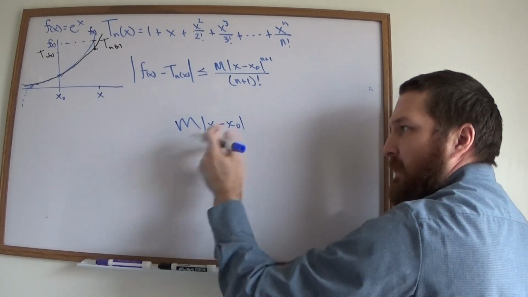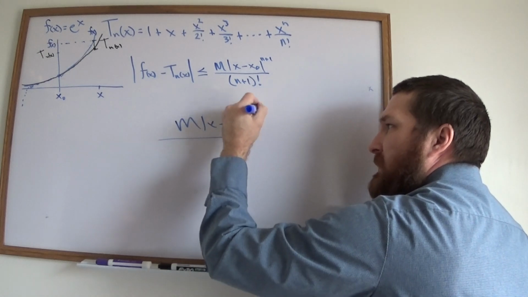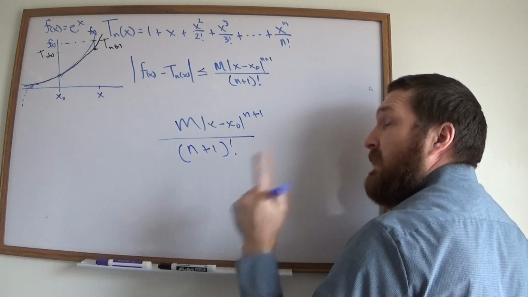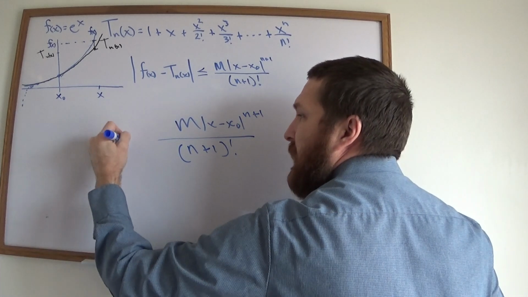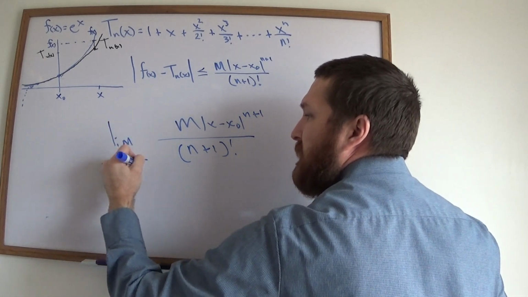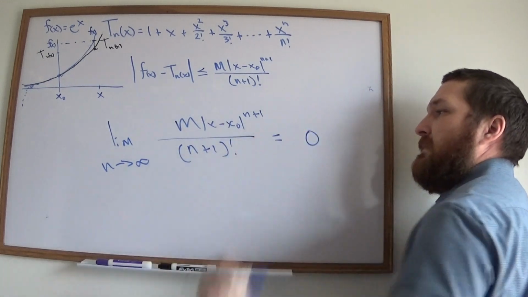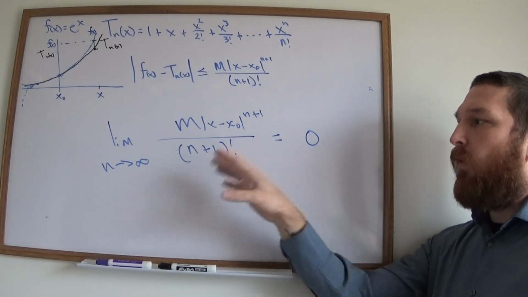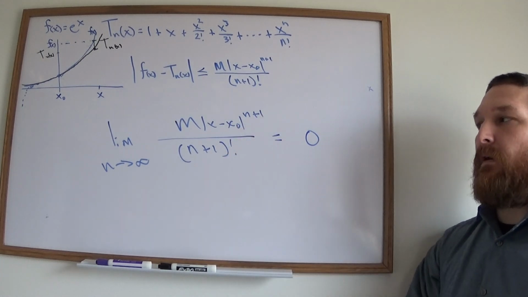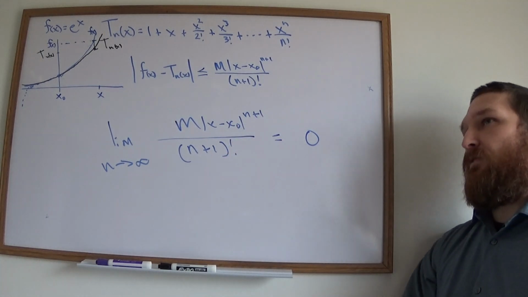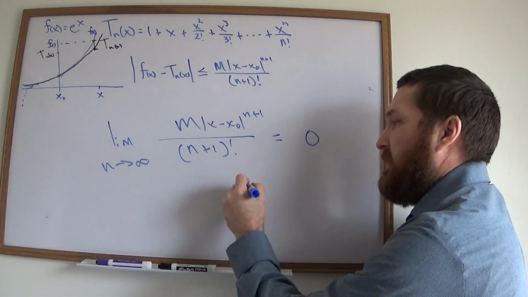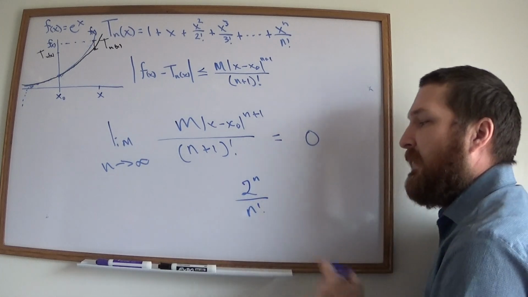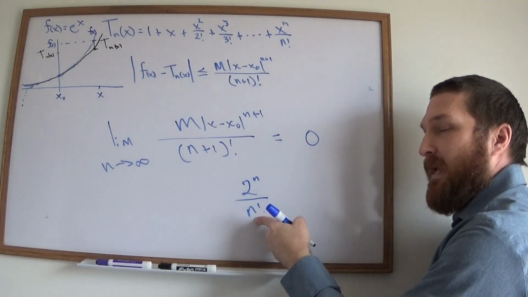If you have that, and then you raise it like this, it turns out that the limit as n goes to infinity of this is 0. The denominator, factorial, always wins out over raising to a power. It just does. So for instance, 2 raised to the n over n factorial. Eventually, n factorial gets way bigger.